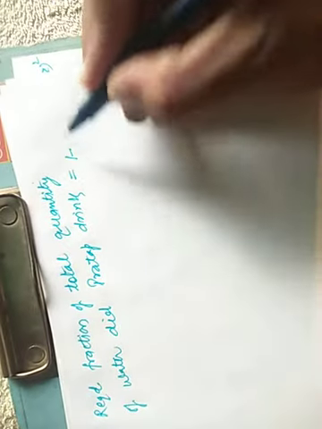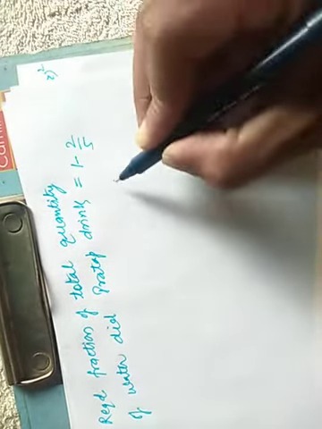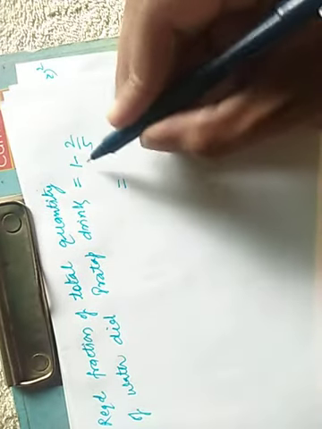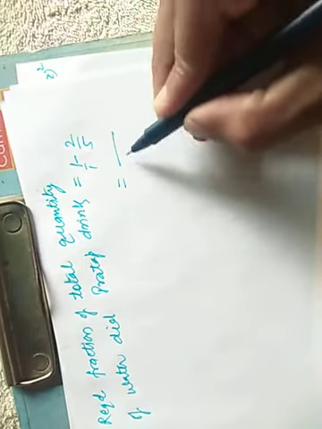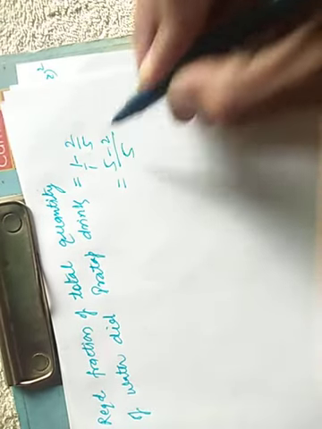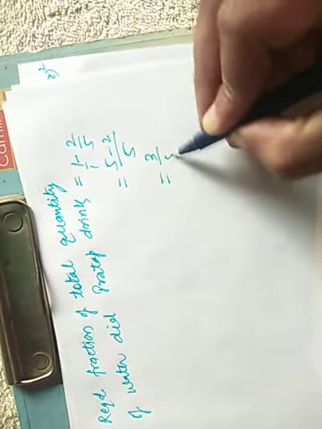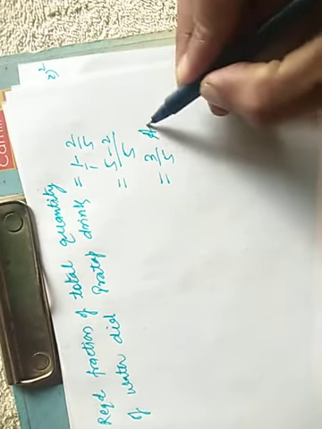It will be equal to 1 minus the amount of water which Vidya drank. 1 minus 2/5, we will solve it as the LCM will be 5, and it will be 5 minus 2, and the required fraction will be 3/5. It is the required answer, right?